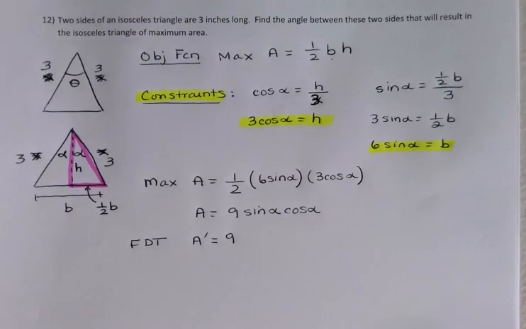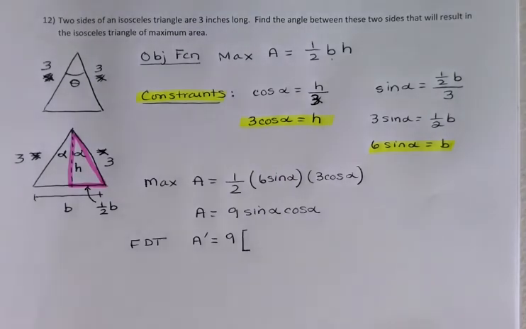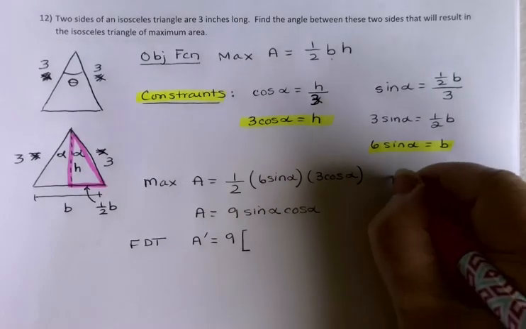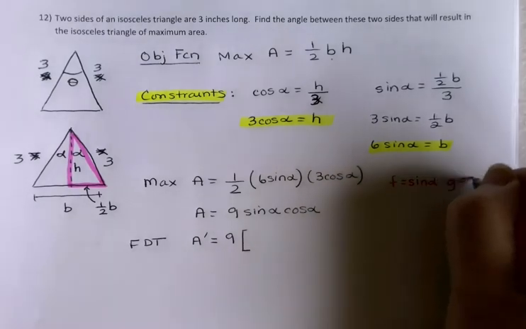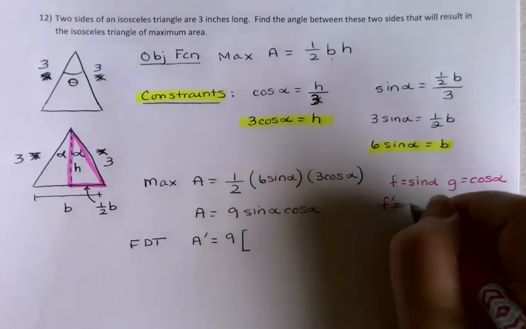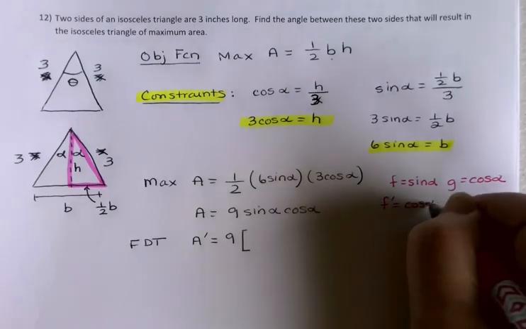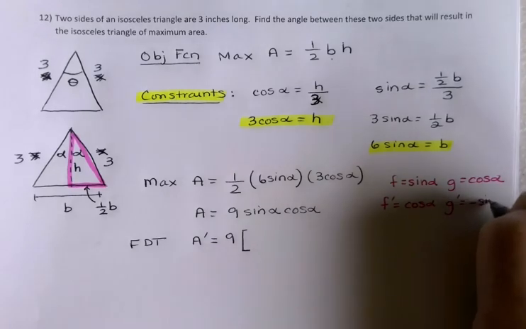A prime is going to be 9 times, and it looks like I'm going to need a product rule right here. F is sine alpha, G is cosine alpha. So F prime is cosine alpha, and G prime is negative sine alpha.